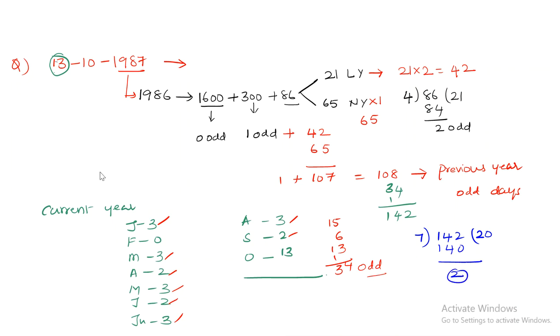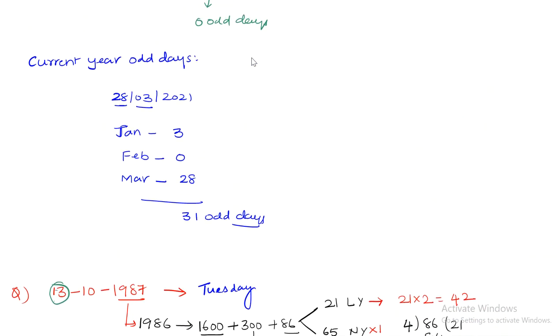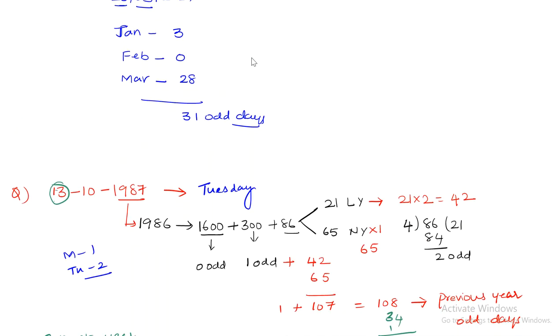As per our notation, Monday is denoted with 1, Tuesday with 2. So like this, I get the answer: the answer is Tuesday. In the previous problem it was Sunday, now it is Tuesday. Likewise, we can solve these problems.